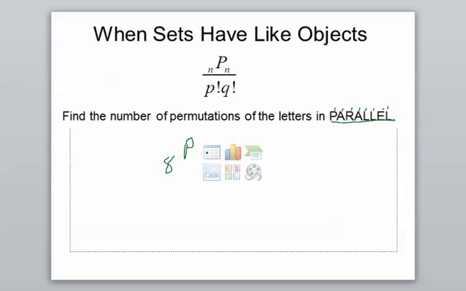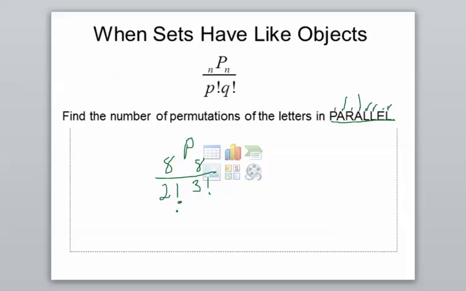And how many ways are we going to write them? 8 different ways. But we're going to divide that by any common letters that are in here. Well, there's 2 A's, right? So that's going to be a 2 factorial. And there are 3 L's, so that'll be a 3 factorial.